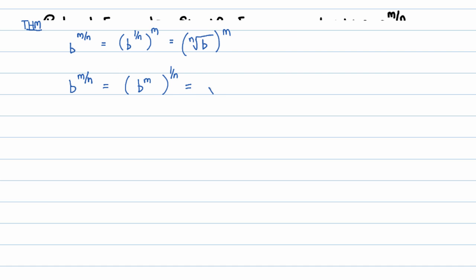But when you rewrite this one, it's the nth root of b to the mth power. So essentially both these statements are the same. You could take the nth root first and then raise to the mth power, or you could raise to the mth power first and then take the nth root, whichever you prefer.